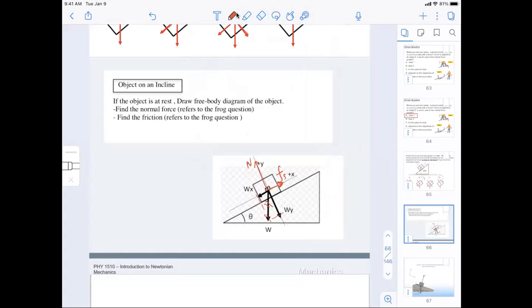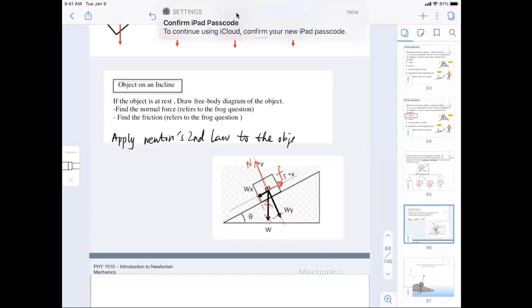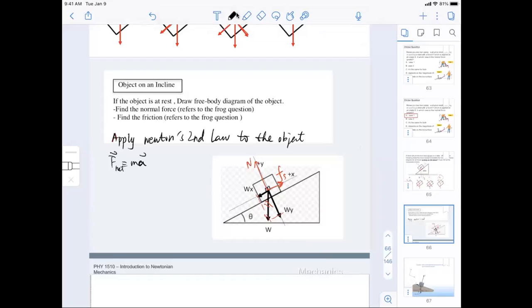If you refer to what we did with the frog question in the previous class, we apply Newton's second law, that's the physics that's involved, to the object, and F net equals ma. You apply it in two different directions, right? You apply it first of all in the Y direction.